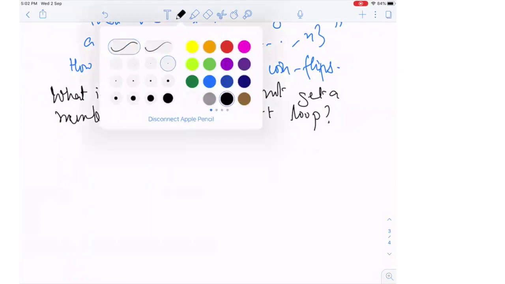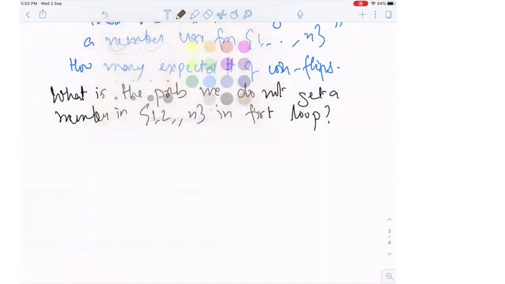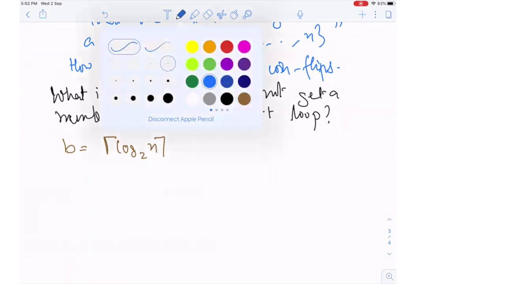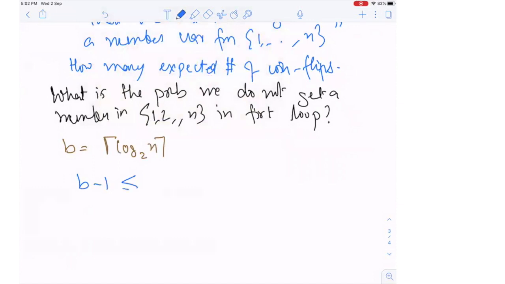So notice the way we have chosen b. We chose b equal to the ceiling of log n. So can I say this then: b minus 1 is less than log n, which is less than or equal to b? It's the smallest integer, because b is an integer.